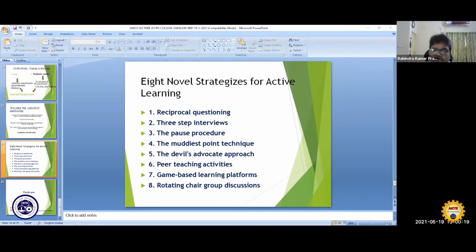Unlike traditional role models, you can ask what is each member's contribution to this activity. All members of one group play the same role, not individual assigned roles. So therefore, the peer teaching activities help boost vital skills and behaviors, including student interactions, accountability, and group processing.